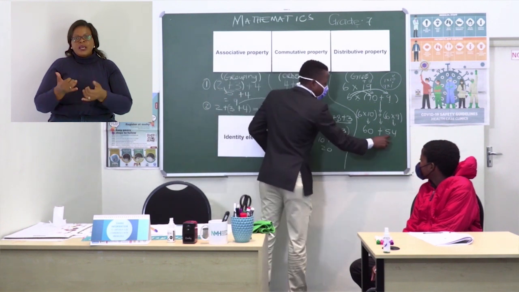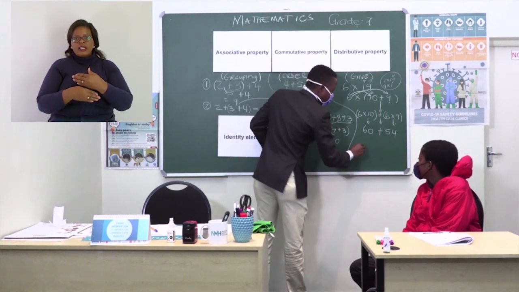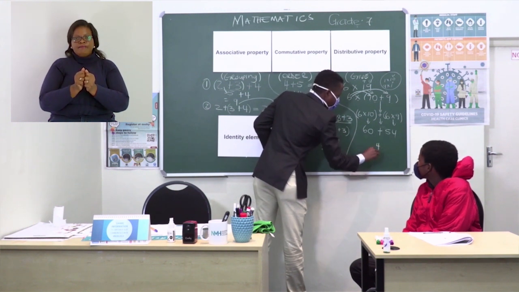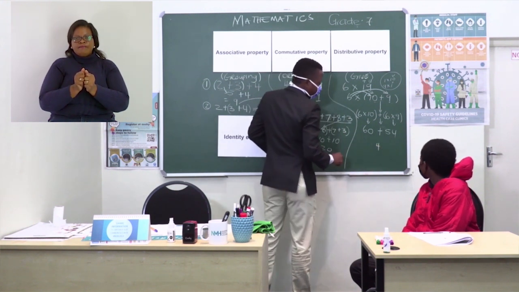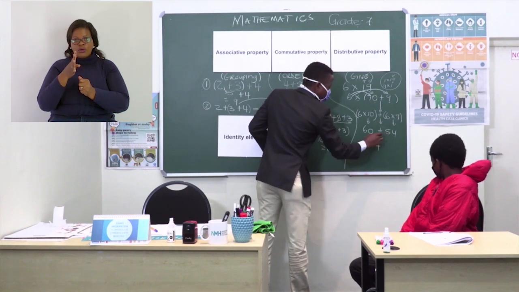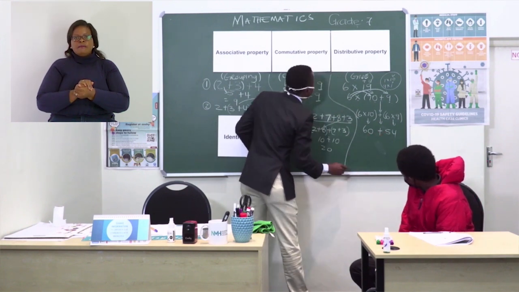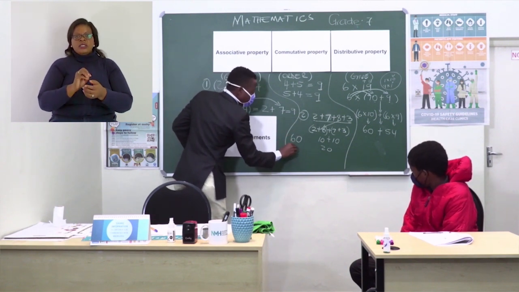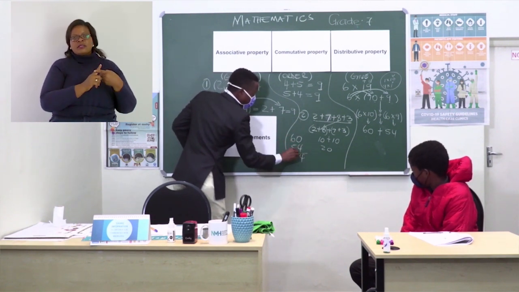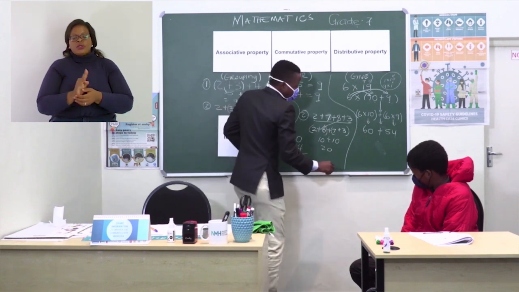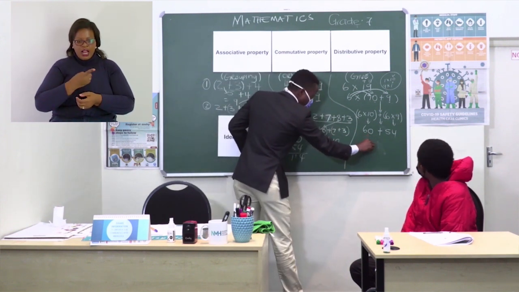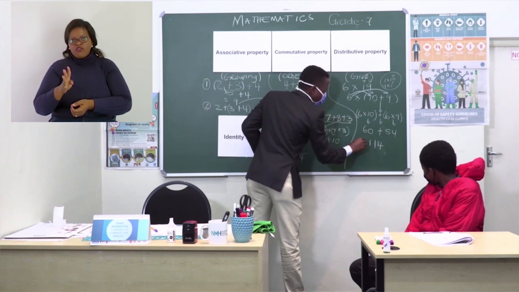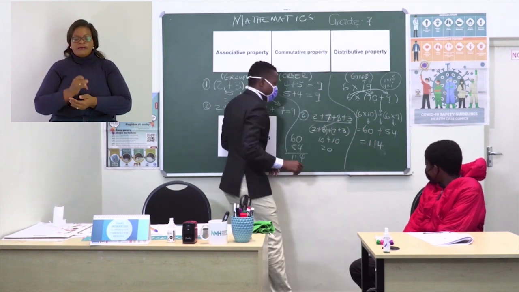And then to add these, 60 plus 54, you have 4, you have 11. And then you have 1, 1, 4 as your final answer.